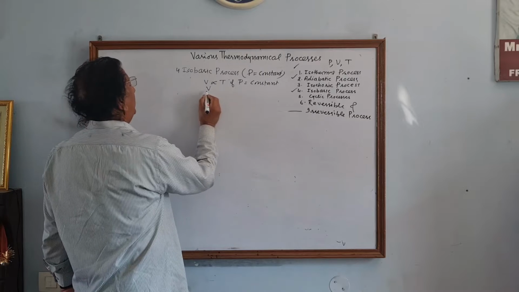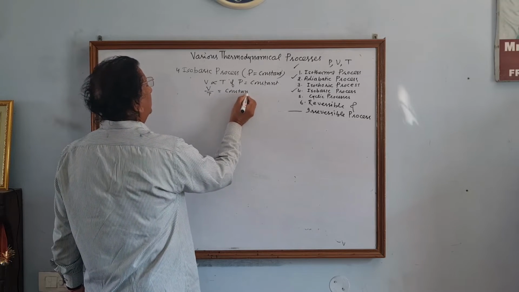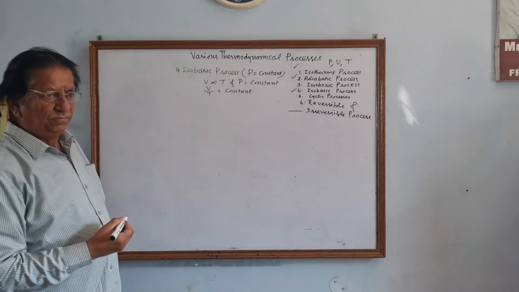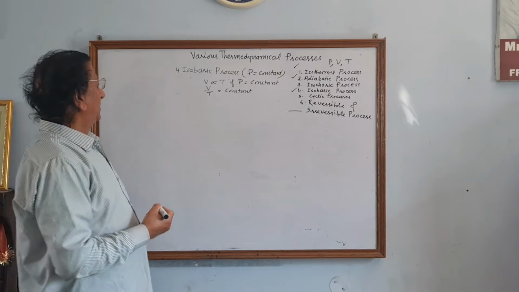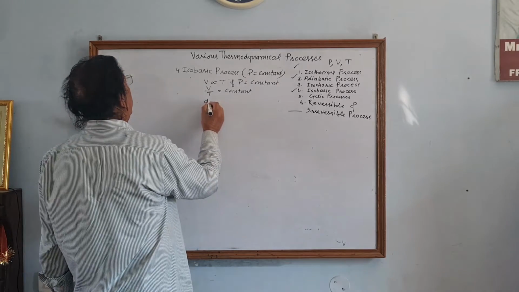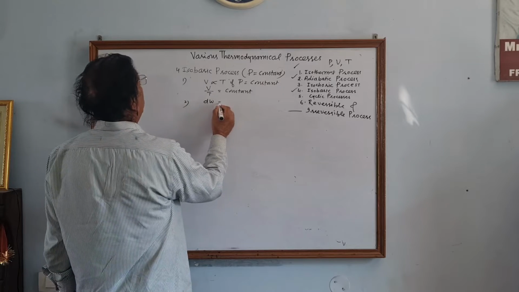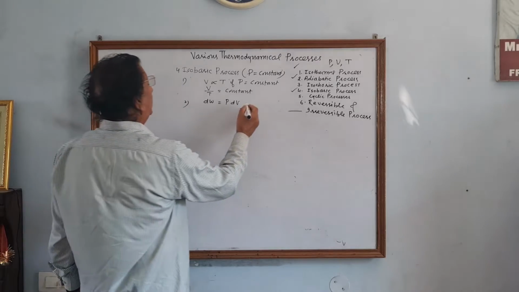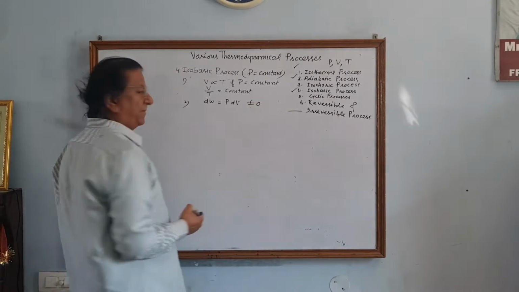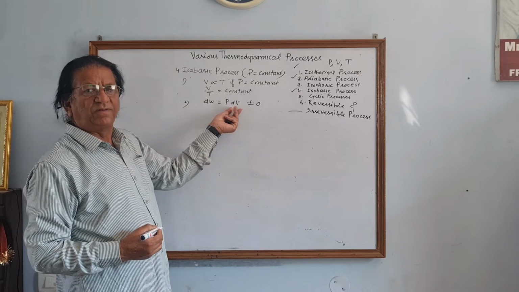Here the equation of state will be V by T constant. Work done, which is P into dV, will not be zero because pressure is constant, but change in volume is allowed.